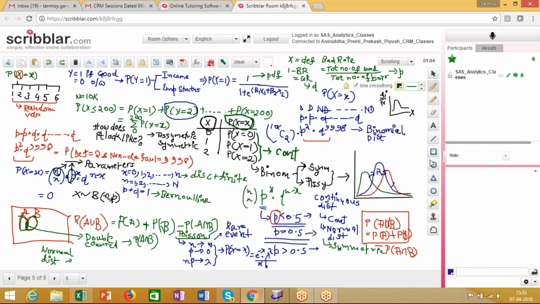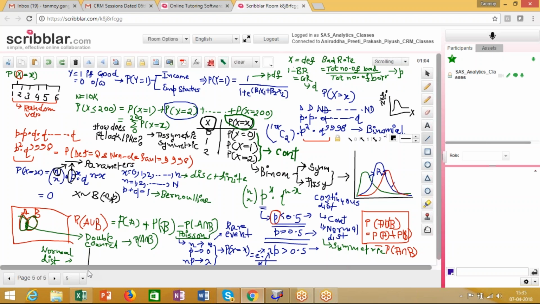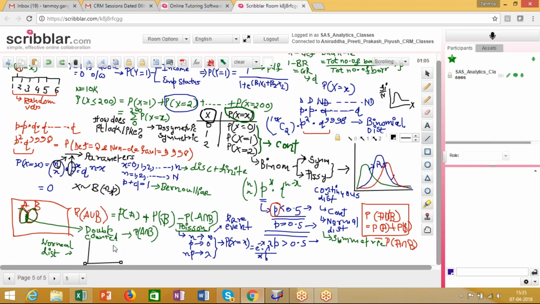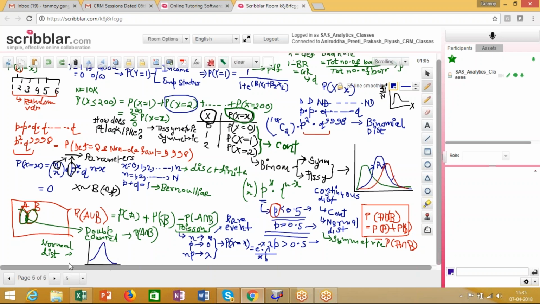A normal distribution looks something like this, which is very symmetric in nature.